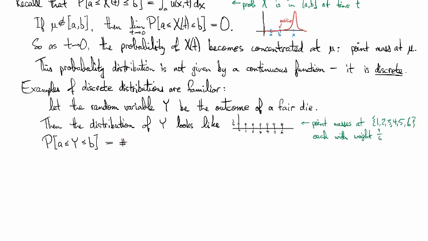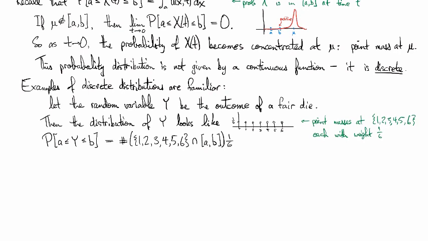And just for shorthand, I'll say it's going to be the number of points in the intersection between this set here, 1, 2, 3, 4, 5, 6, and the interval a, b. So the number of integers which are in both of those sets, divided by 6, because that's the total number of possibilities. Okay.